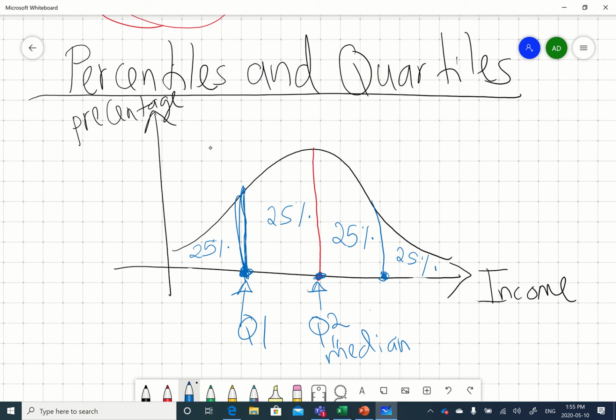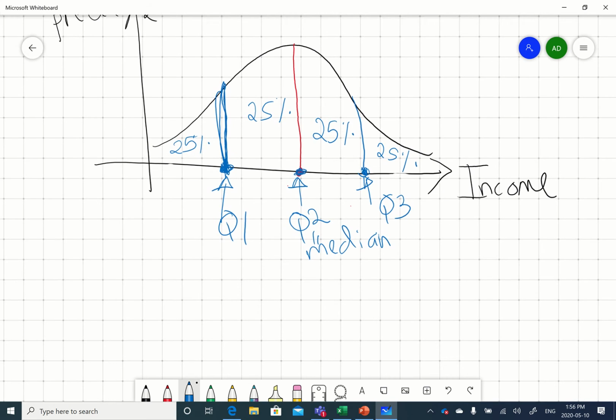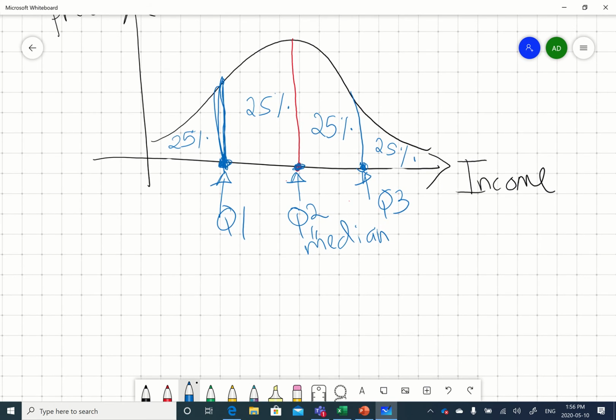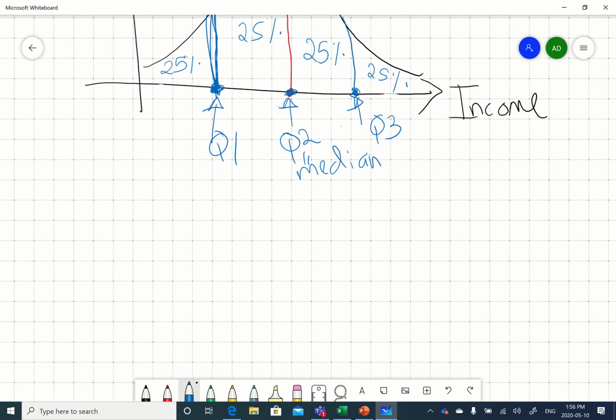So no matter what the shape is, second quartile equals the median. And then the third point is called Q3, third quartile. So once again, Q1 first quartile, Q2 second quartile, Q3 third quartile.